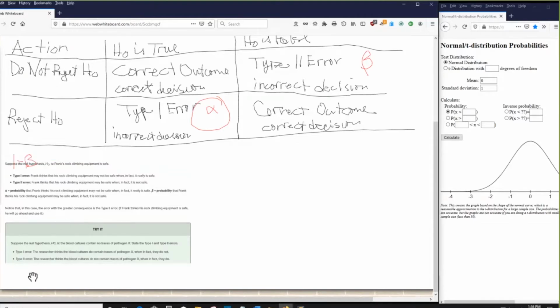Here's another example. Suppose the null hypothesis is the blood cultures contain no traces of pathogen X. State the type 1 and type 2 errors.